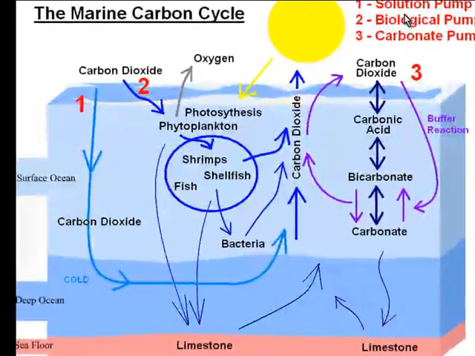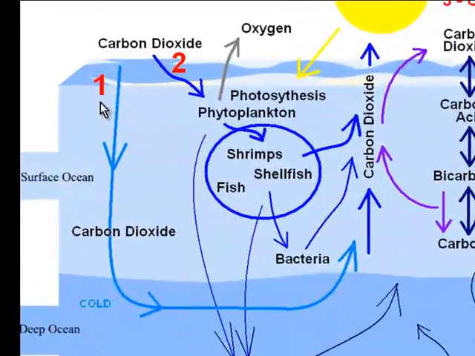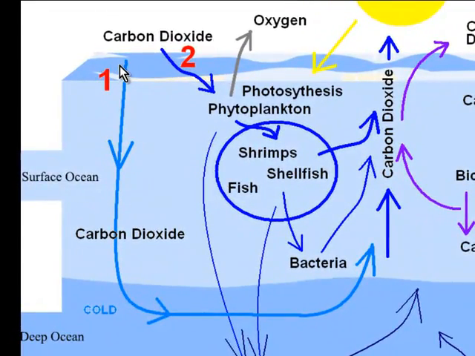Okay, let's talk about the solution pump first. It's number one here. Well, this is quite simple. The carbon dioxide just gets dissolved into the seawater. The colder the seawater, the more carbon dioxide can be dissolved.